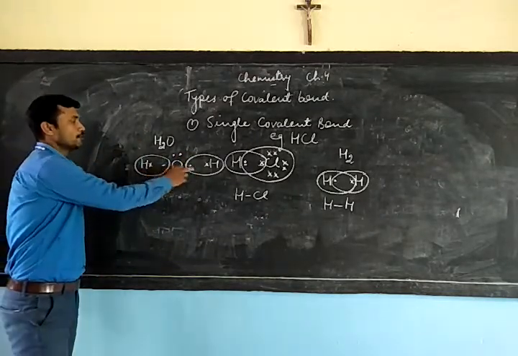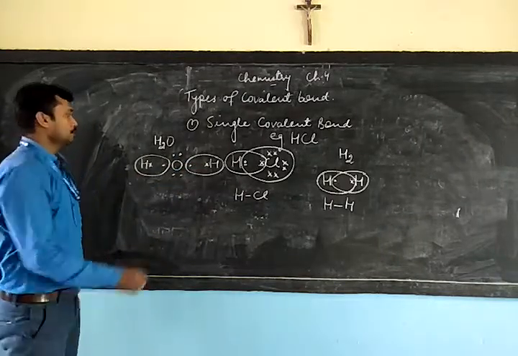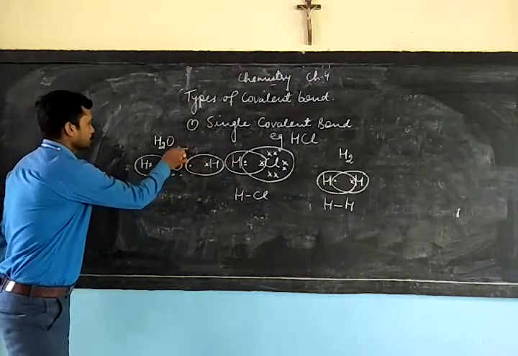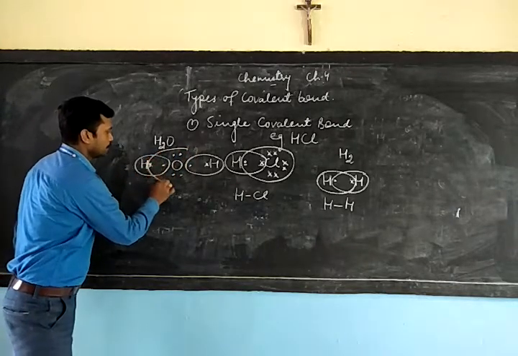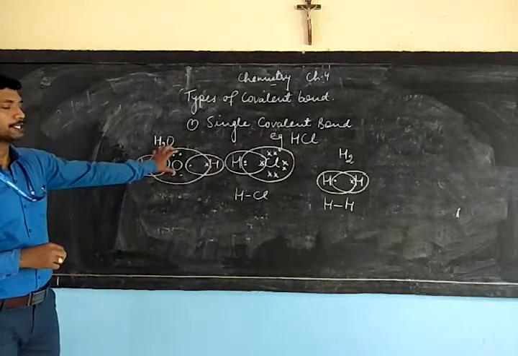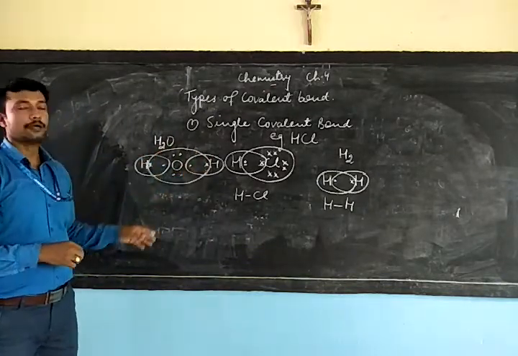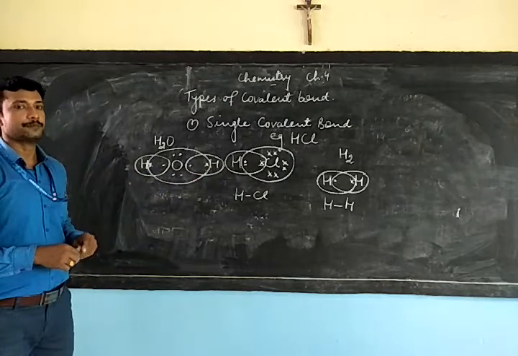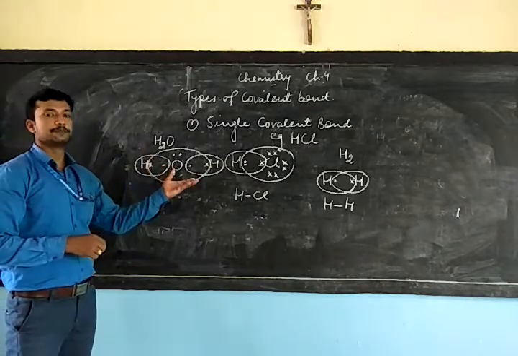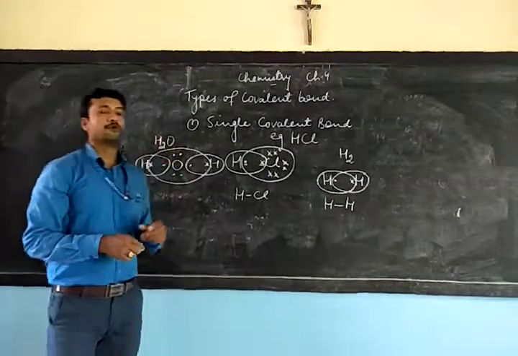Since 2 electrons of the oxygen atom have been given to each of these hydrogen atoms, it will also take electrons from the hydrogen atoms. So 6 it already has, 7 and 8. Now the total number of electrons for oxygen atom has become 8 and it has become stable. So this way single covalent bond is formed.